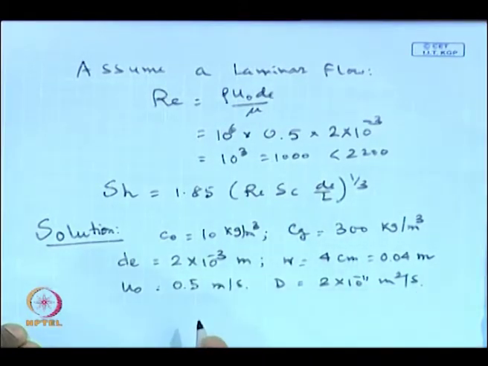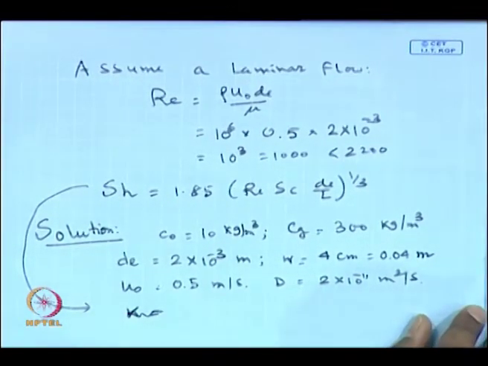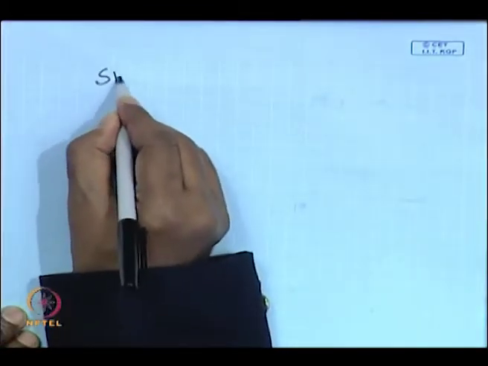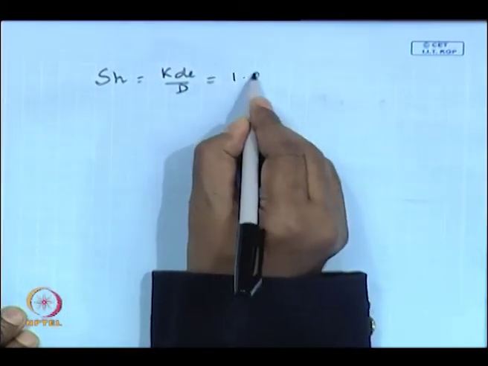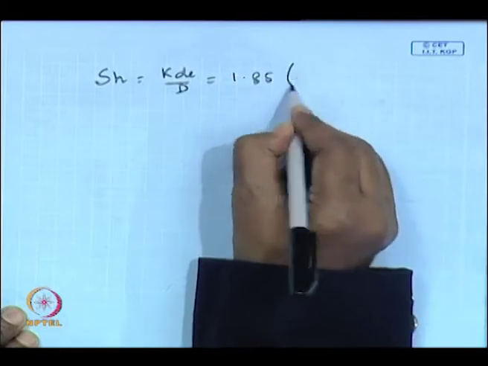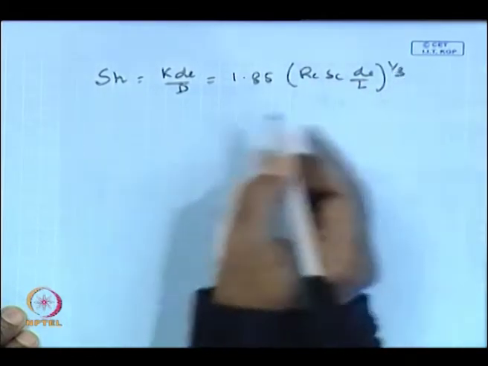So, if you can calculate the mass transfer coefficient from this relationship... Okay, I have to do it, then things will be clearer to you. First step is the estimation of the mass transfer coefficient from this relationship: K d by D, because the length is not known for this particular problem, equals 1.85 Reynolds Schmidt d_E by L raised to the power 1 upon 3.